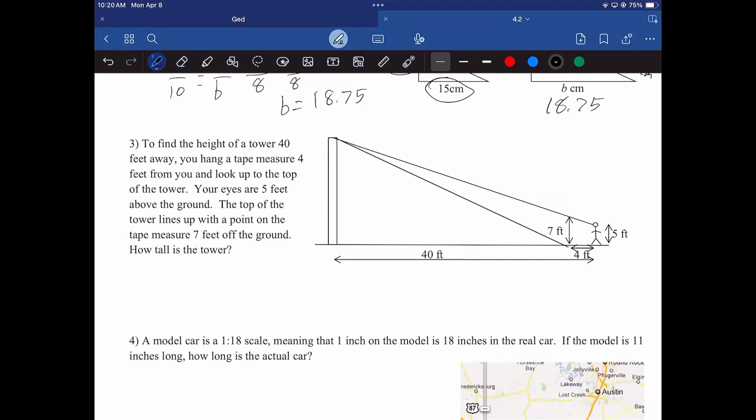So we could draw that triangle and say this side's 36 feet. And then we could say that this side here.